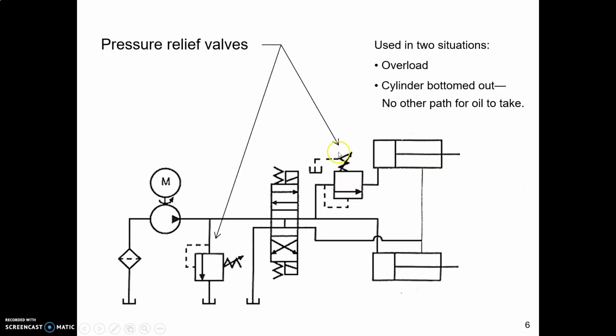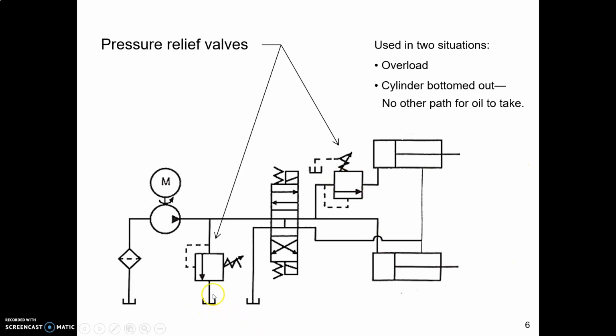In this schematic, this thing here and this thing here are pressure relief valves. And they might be used if a system is overloaded, so excess fluid will drain back to the tank. And it might be used when the cylinder is fully extended or fully retracted, and the pump is still pumping oil and there's no place for the oil to go, so it goes through these pressure relief valves and back to tank.